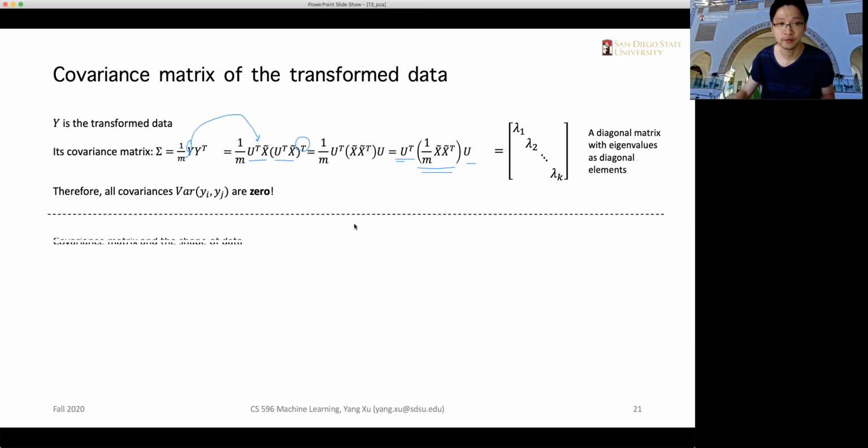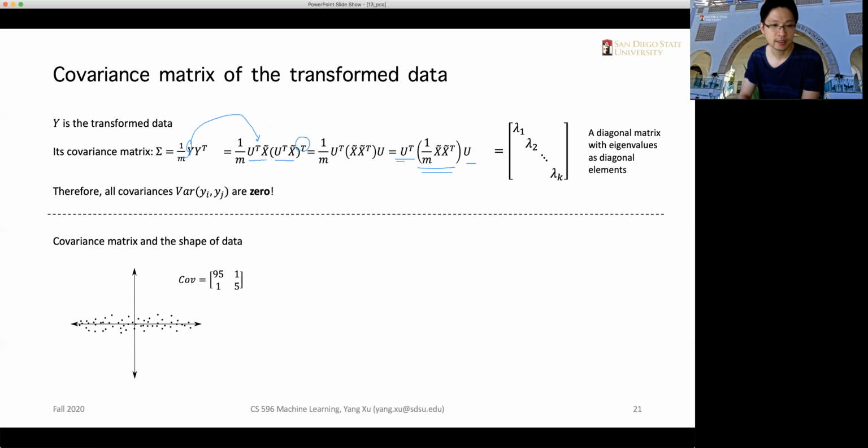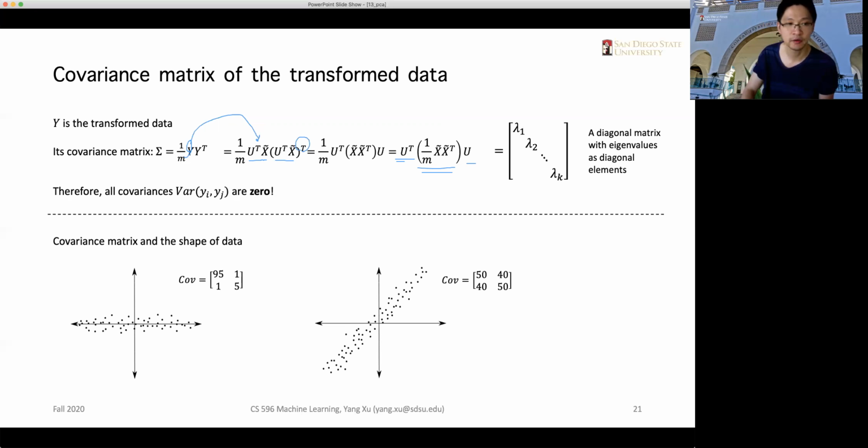That is the property of the transformed data sets. If we look at the covariance matrix and the shape of the data, a 0 covariance data set means that there's no direct correlation between the 2 dimensions, right?